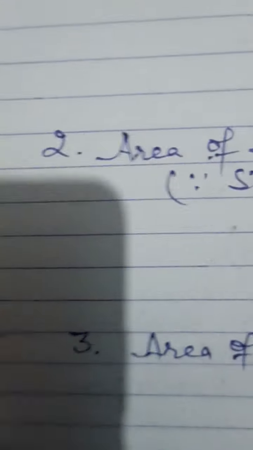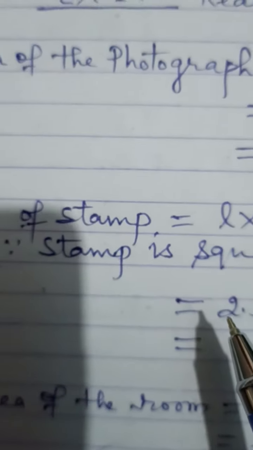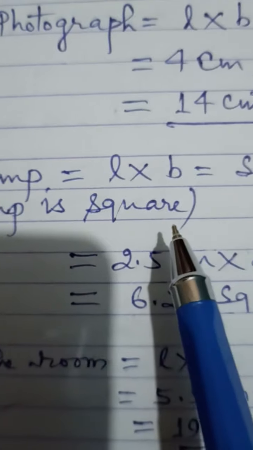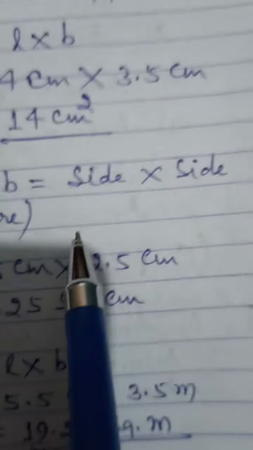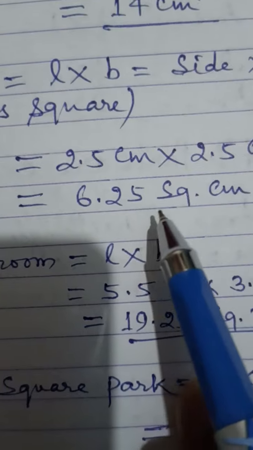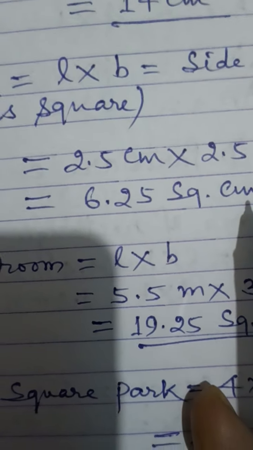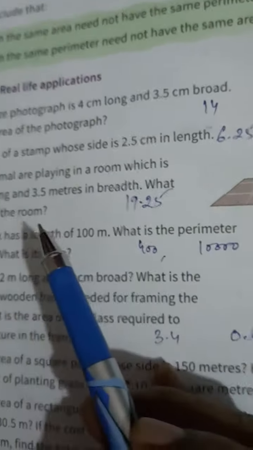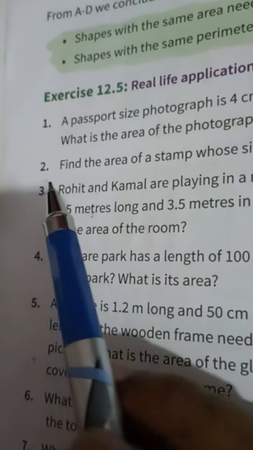So what is the area? Length, the same will be breadth also. So area of stamp is equal to side into side, that is 2.5 into 2.5, and this is 6.25.